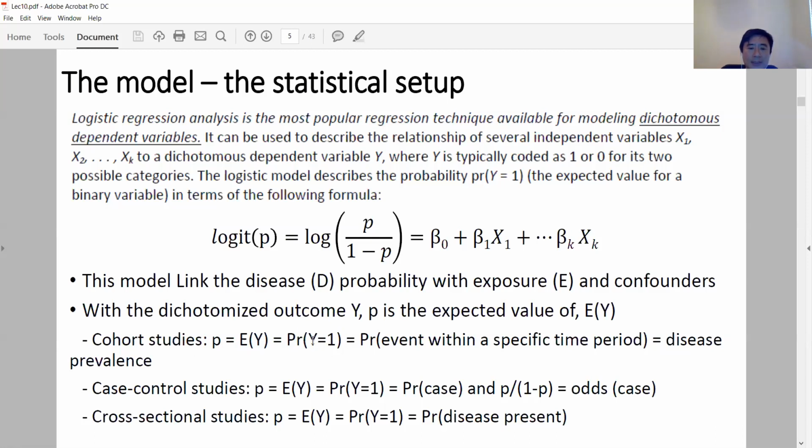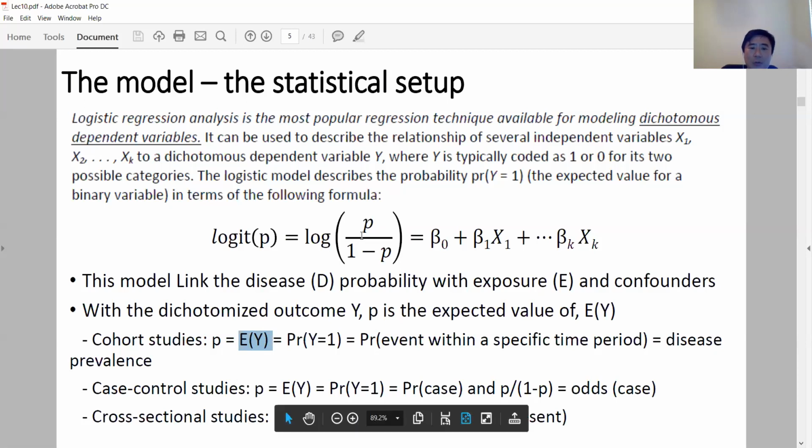So you can easily get this. It's a simple statistical result because it's the event within a specific time period for a cohort study, and we call this p. And you can see that what you model in logistic regression is a function of the expectation of your y. In linear regression, you directly model the expectation of y because it is on the left-hand side of the equal sign in all linear regression models.